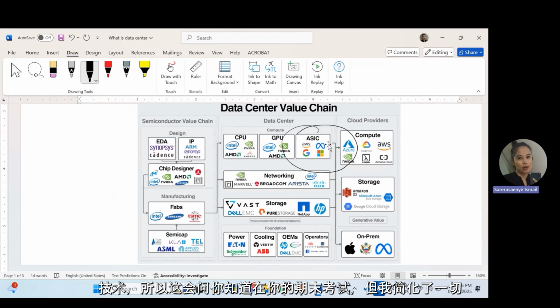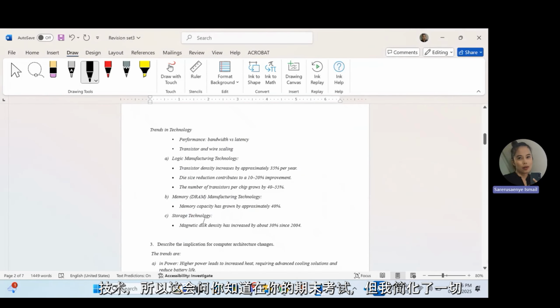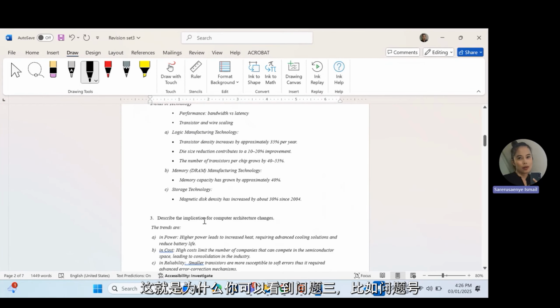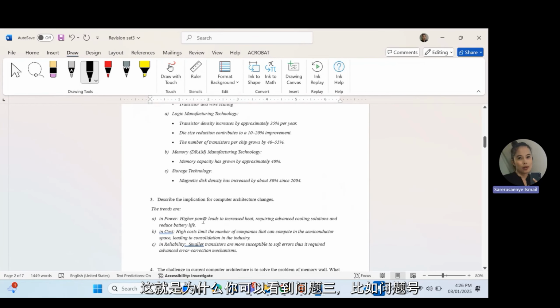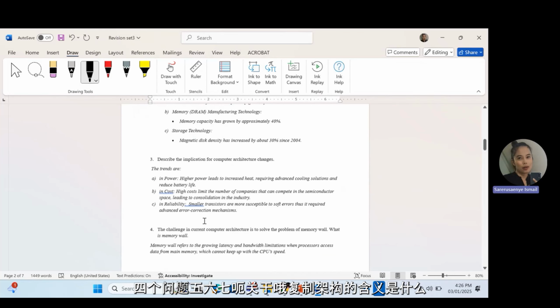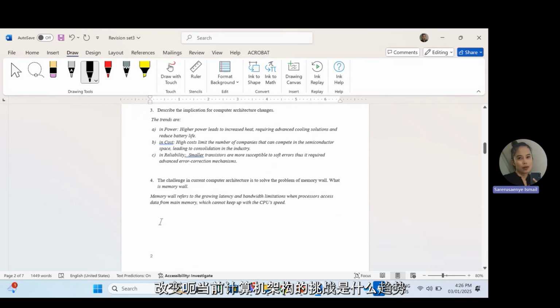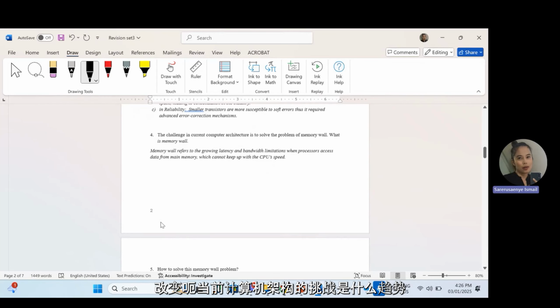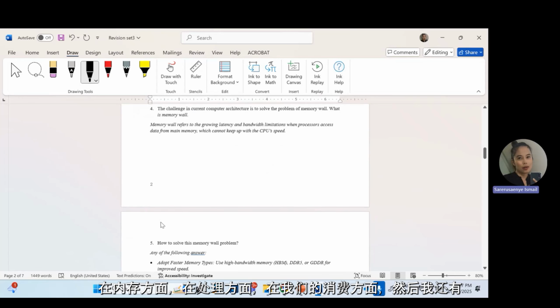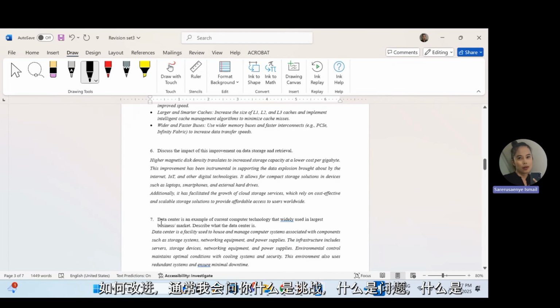So this will be asked in your final exam, but I simplified everything under this set. That's why you can see question number 3, 4, 5, 6, 7 ask what are the implications of computer architecture changes? What are the challenges of current computer architectures, the trend in terms of memory, processor, and power consumption? And then I also ask how to improve.